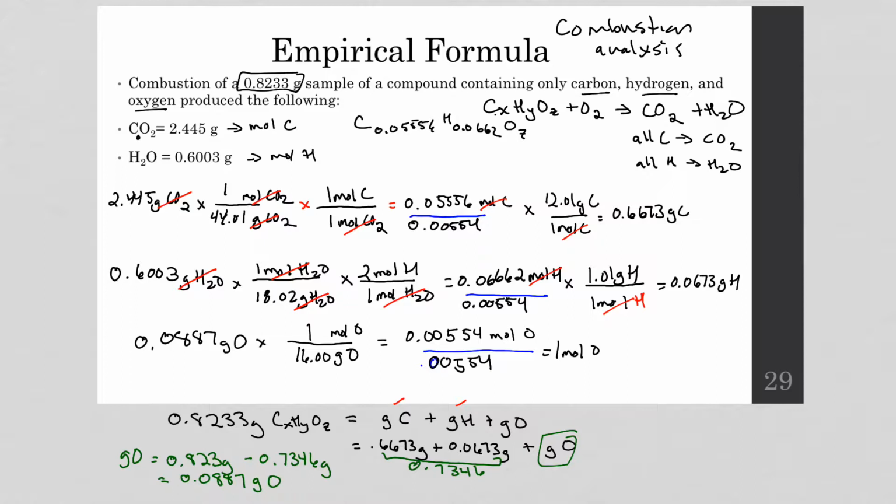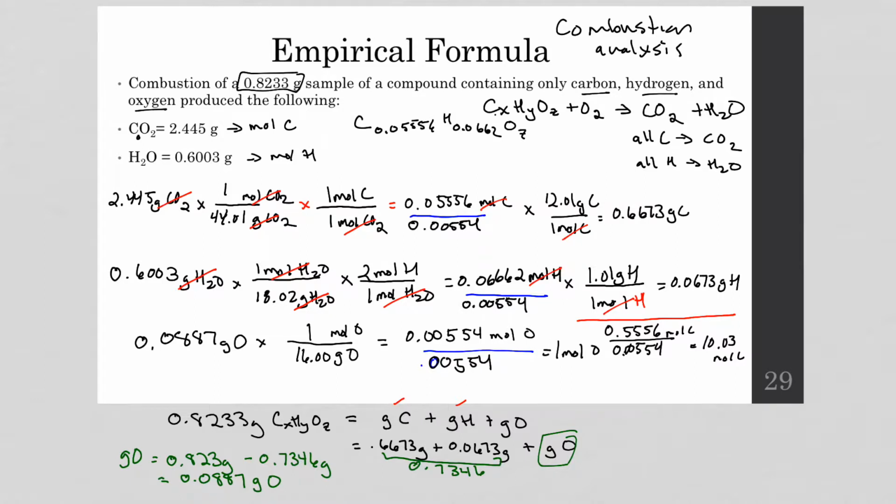So if I take this down, let me just kind of make a little divider here. So I take 0.05556 moles of carbon divided by 0.00554, I get 10.03 moles of carbon.